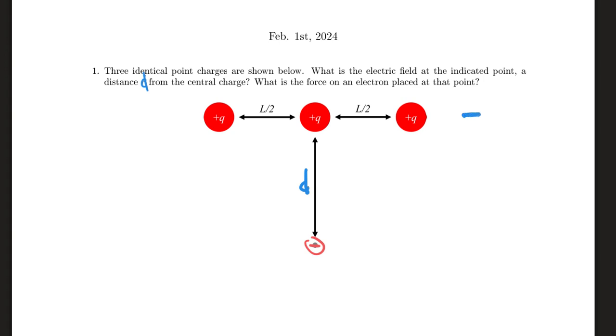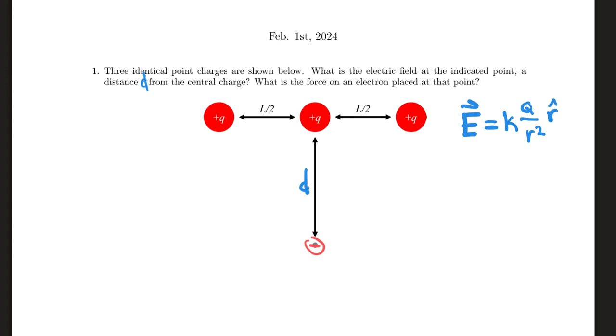First, the electric field from a point charge to anywhere in space is equal to k, which is just a constant, times Q, a capital Q, which is the charge of that point charge. It could be positive or negative. Here, all of ours are positive. Over r squared, and then we have an r hat.